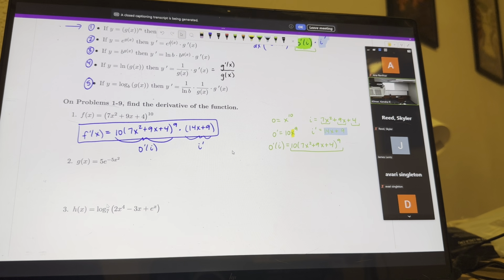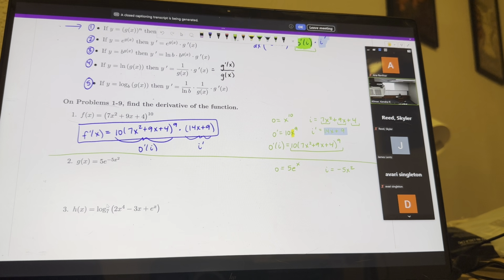So recognizing what it is I knew how to take the derivative of last week tells me what my outer function is. And so here, 5e to the x is my outer function, and then I am evaluating that function at negative 5x squared, okay? So my outer function is 5e to the x, and my inner function is negative 5x squared.